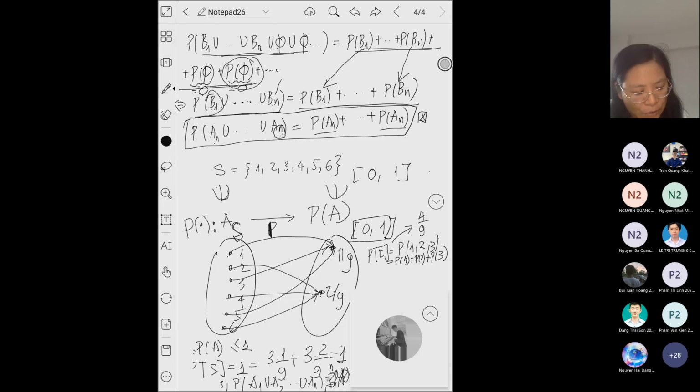Okay, do you understand the proof of the theorem? If you understand, please write Y on the comment box.